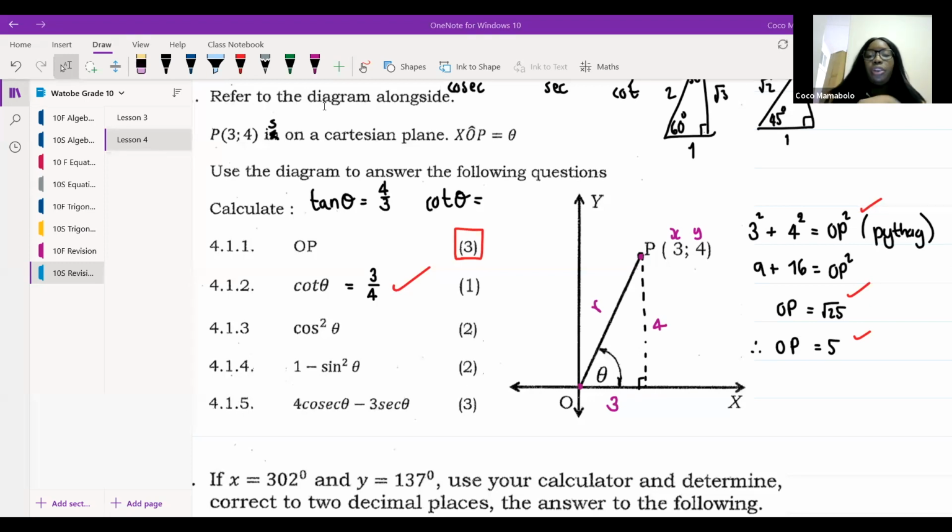By the way, we already know what R is. We've already calculated what this part over here is. This is equal to 5. So we can figure out what cos is.